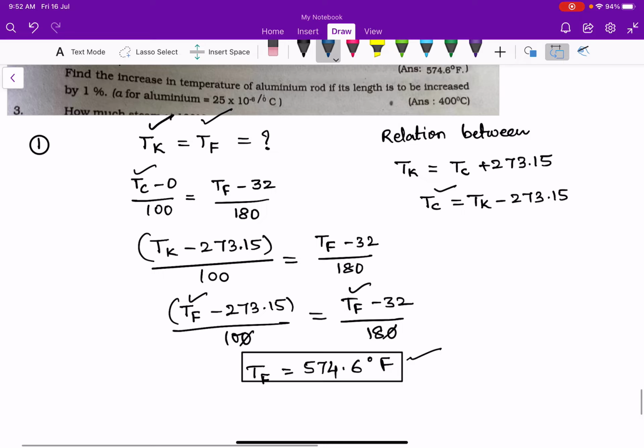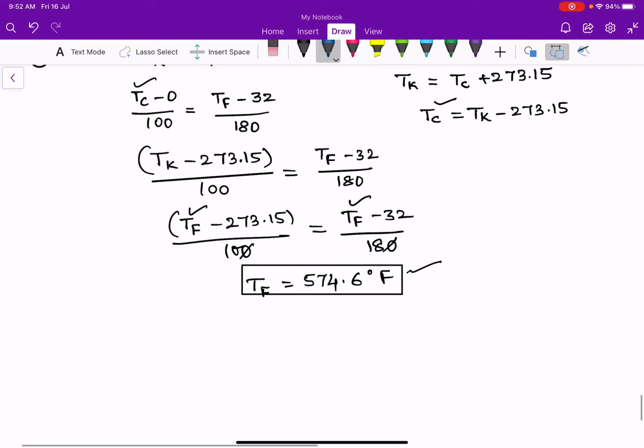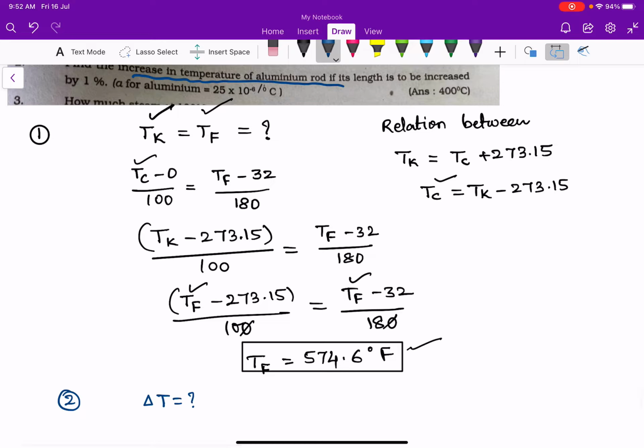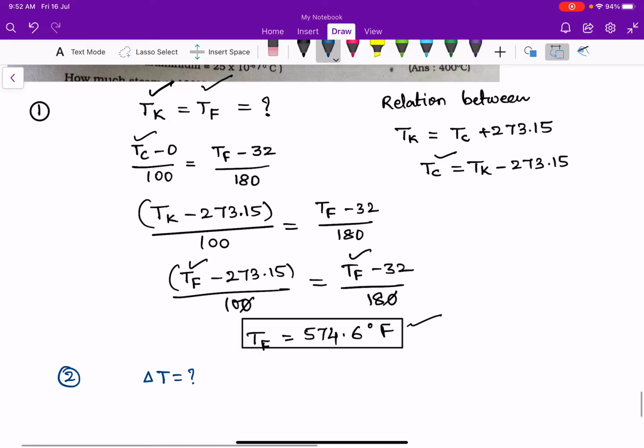Problem number 2 is about finding the increase in temperature of an aluminum rod, that is, the change in temperature, if its length is to be increased by 1%.